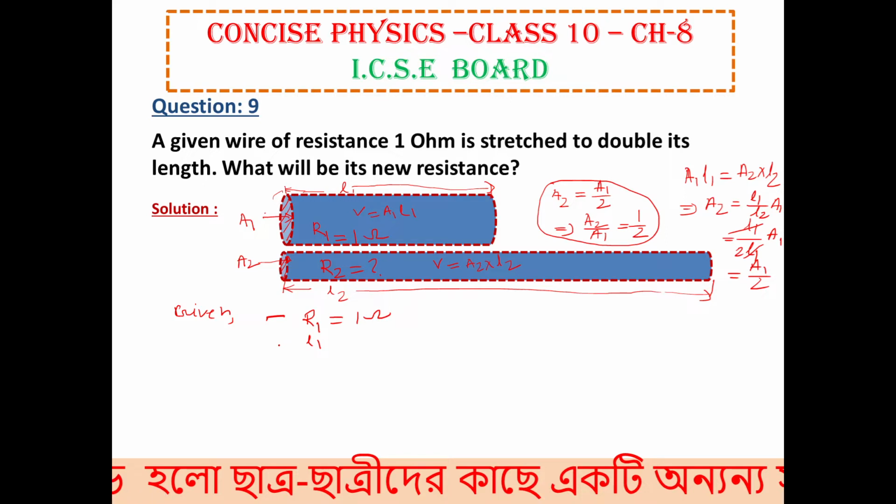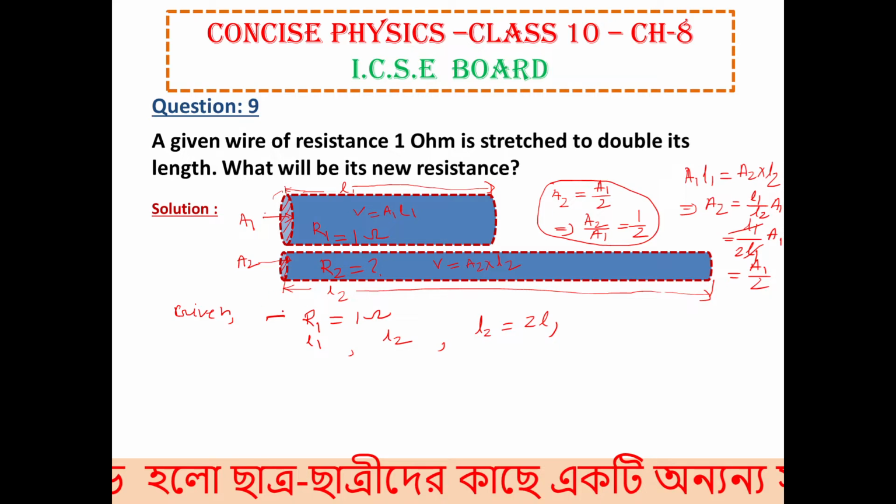If the initial length is L1 and the length of the second position is L2, then we have already found that L2 equal to 2L1.